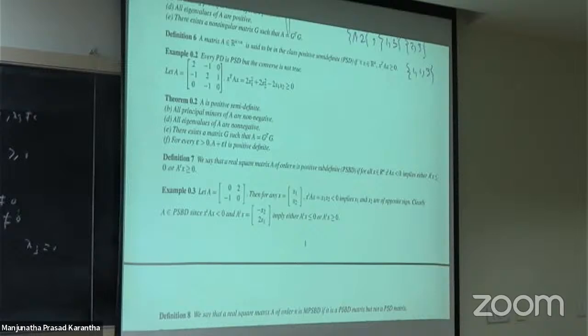But here I am not assuming symmetry. For positive definite, we definitely assume symmetric. So if you are assuming non-symmetry, then you make it symmetric and only check the leading principal minors. That's good enough. Otherwise, you can check all the principal minors.